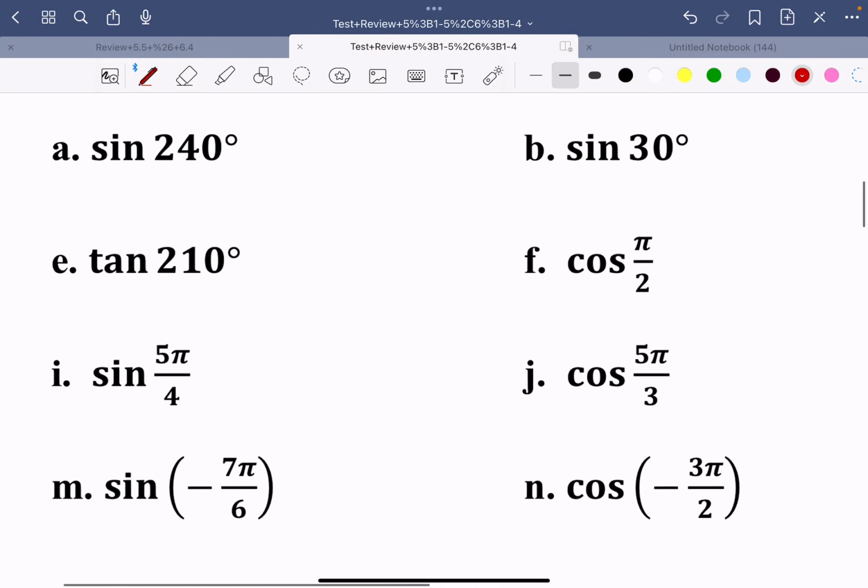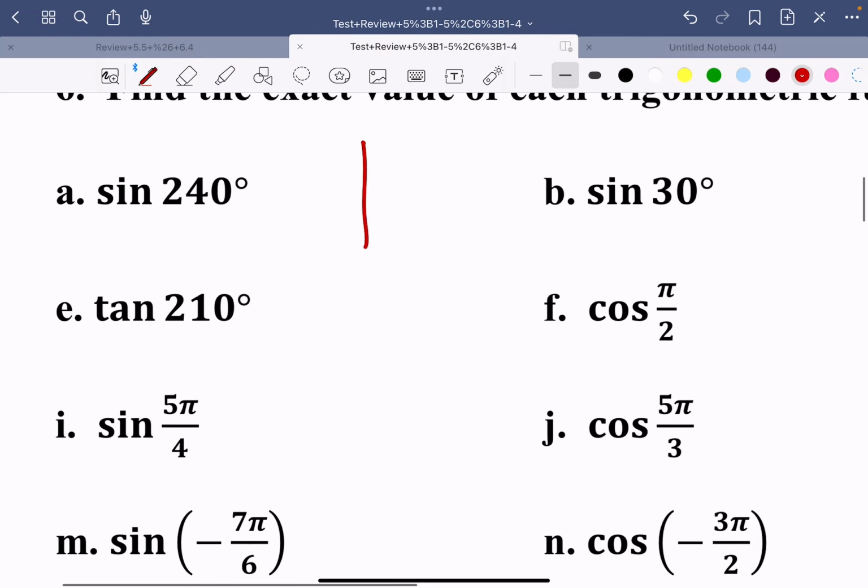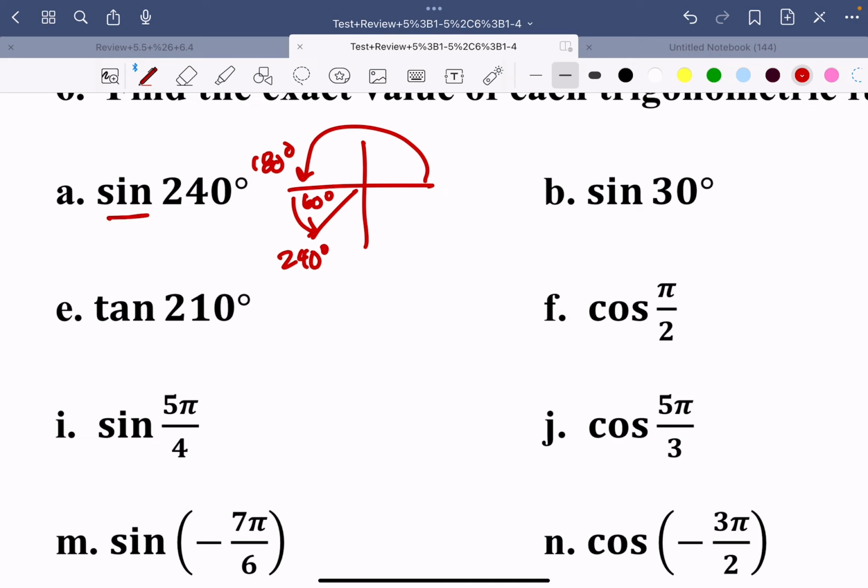So, sine of 240. Well, I draw my picture. If you stop here, that's 180. If you go just a little bit more, you would go 60 more to get to 240. That means if you want to know the sine, that's the y-coordinate. But I want to know where I have a theta reference angle equal to 60 degrees.